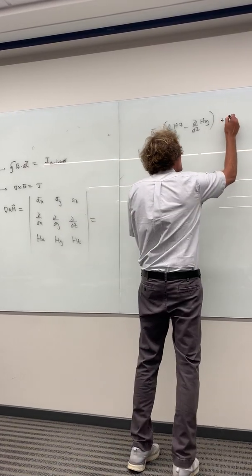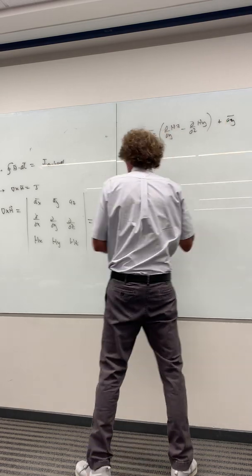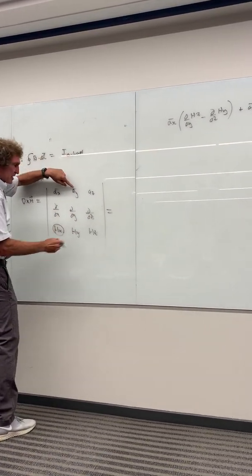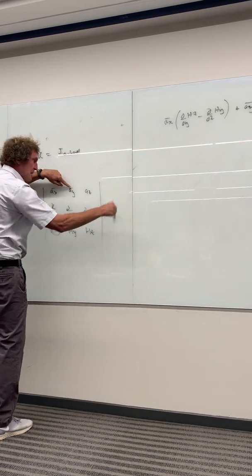Then it's going to be plus AY here, and with AY, it's going to be d/dz, and then I'm going to hit HX. Normally, you repeat this row and this row here.